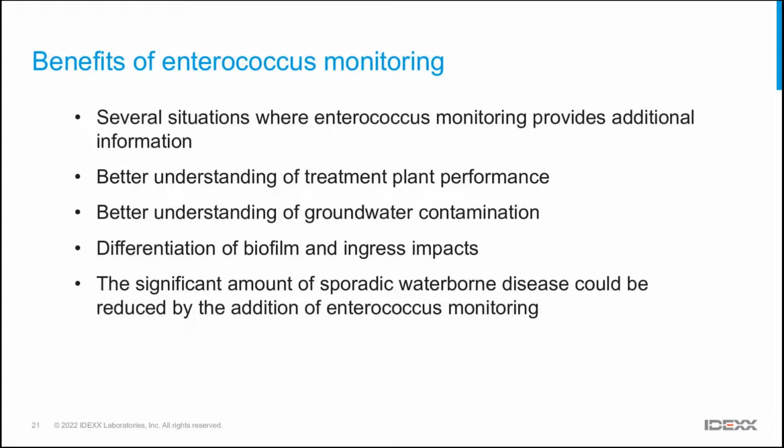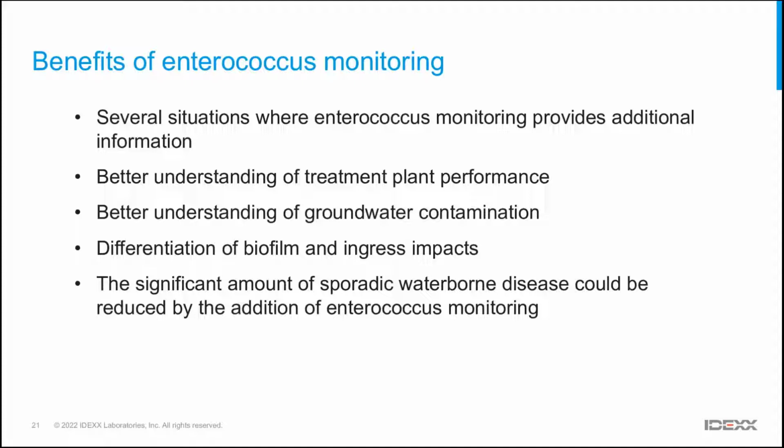So there are several situations where Enterococcus monitoring provides additional information. They certainly give a better understanding of treatment plant performance than the traditional indicators of fecal contamination, E. coli. Certainly a better understanding of groundwater contamination, and there's lots of evidence showing that. They're particularly useful for differentiating between presence of coliforms in distribution systems due to biofilm or ingress.